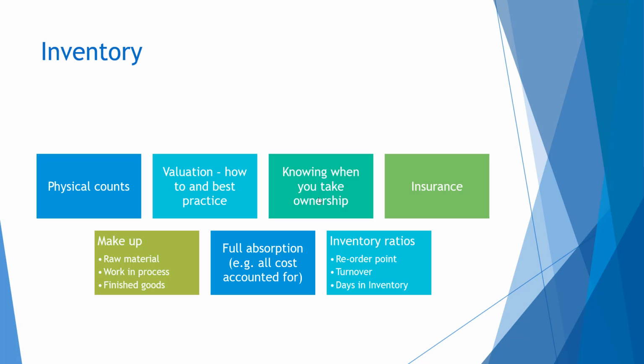So again, that could be a variance on your variance report between your physical count and what you're showing. So it's very important you understand, based on the terms of what you ordered, when did you take possession. Now, a side note on this, if you do take possession at the shipping point, i.e. they drop it off on the ship and you now own it, you need to make sure you have insurance on that.